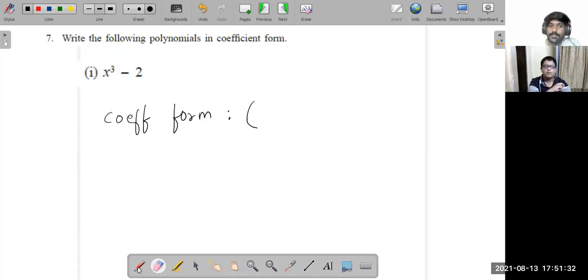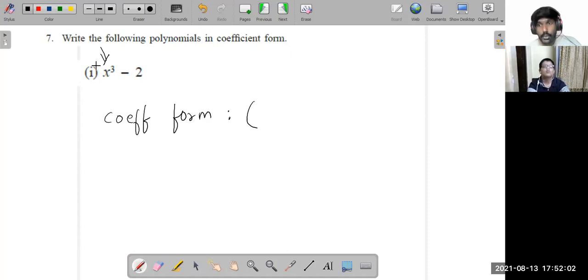I'm asking the coefficient. What is the coefficient of x cube? What do you mean by coefficient? A number which accompanies a variable. Yes. So for the variable x cube, which number is there in front of it? Yes, it is 1.